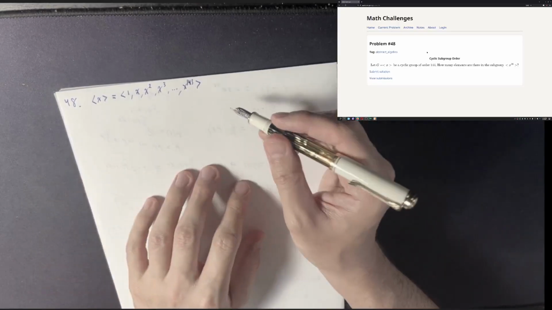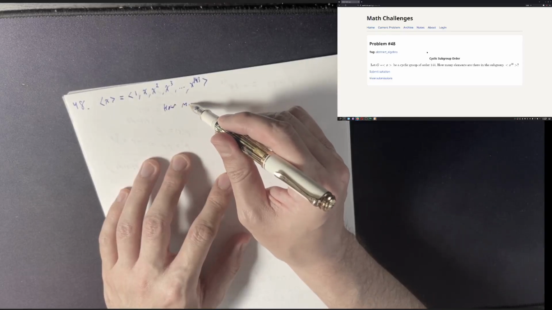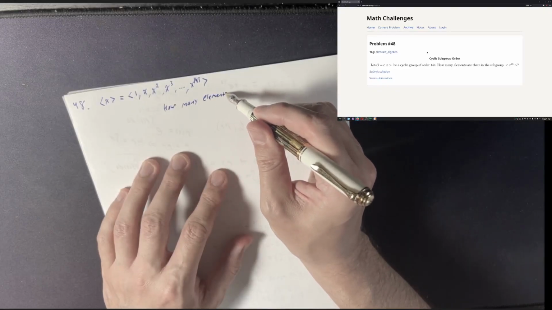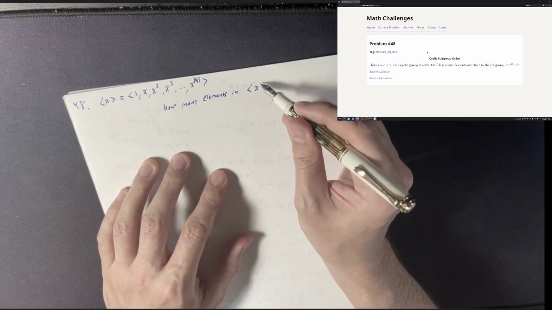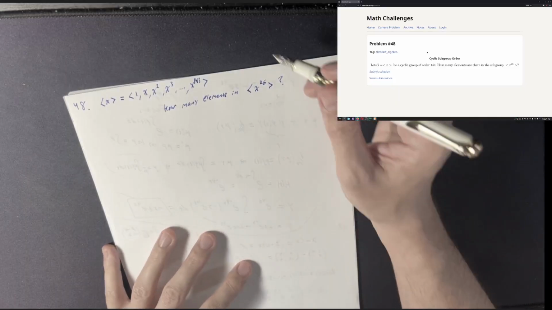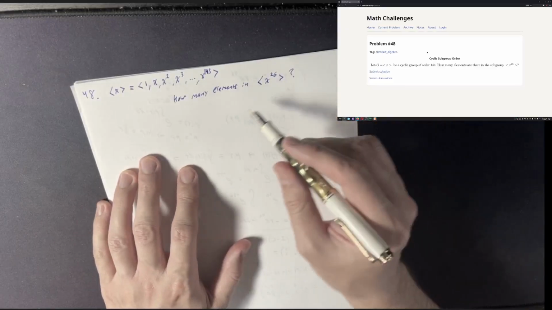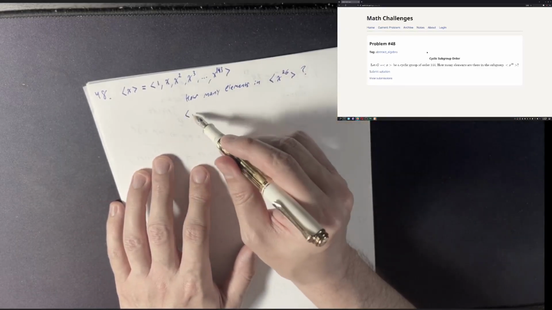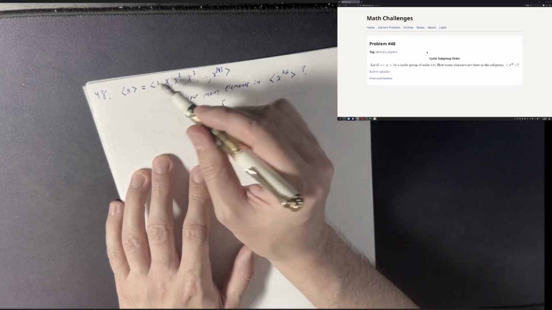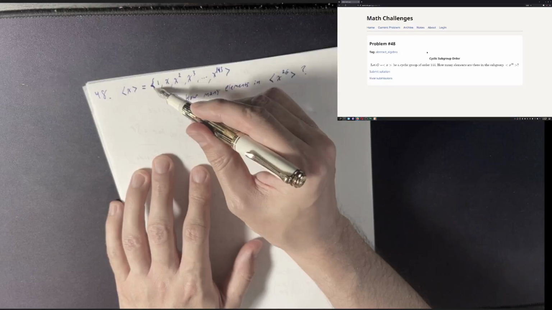How many elements would there be in the subgroup generated by x to the 26? So the naive thing, let's look at this with some smaller numbers. The naive thing would be to sit here and start generating x to the 26. Oh, I didn't mean to put these brackets there, sorry.